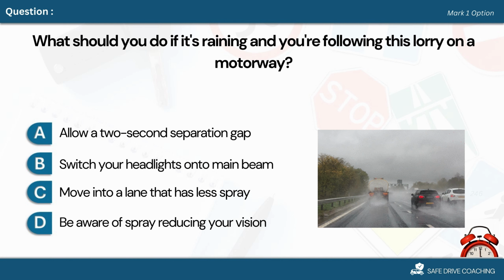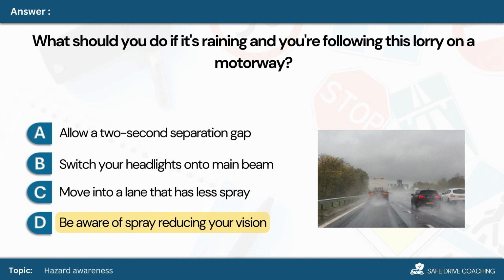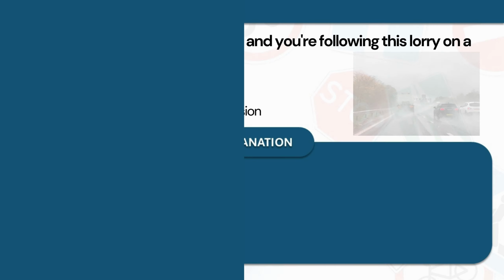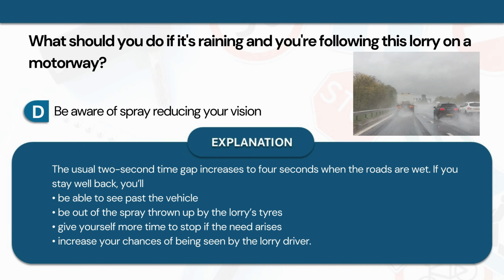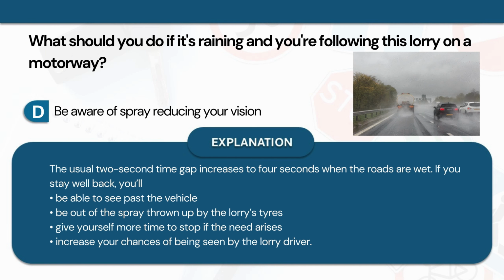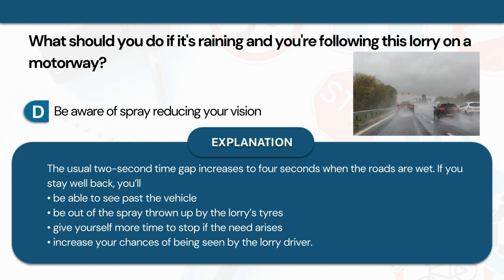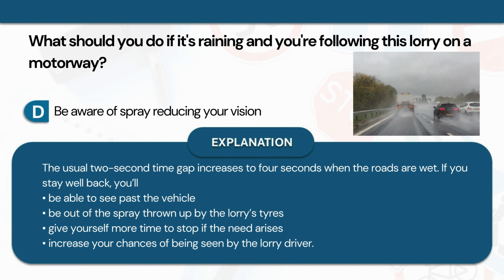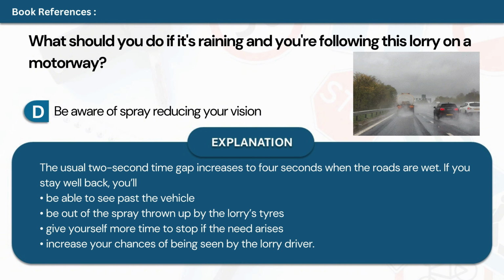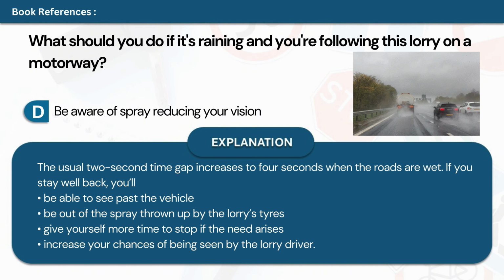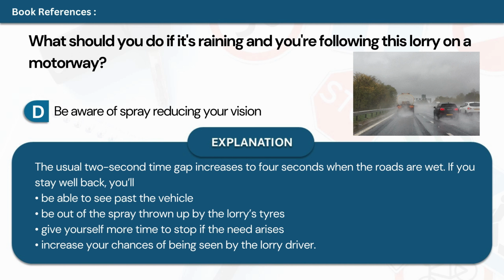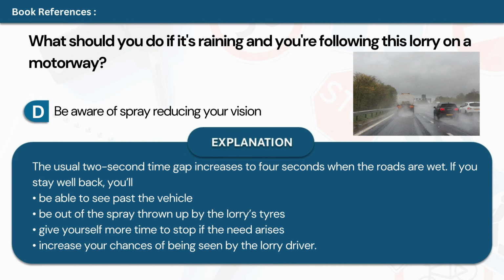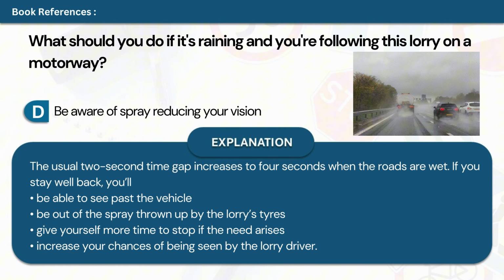The correct answer is D. The usual 2-second time gap increases to 4 seconds when the roads are wet. If you stay well back, you'll be able to see past the vehicle, be out of the spray thrown up by the lorry's tires, and have more time to stop if the need arises. Increase your chances of being seen by the lorry driver.